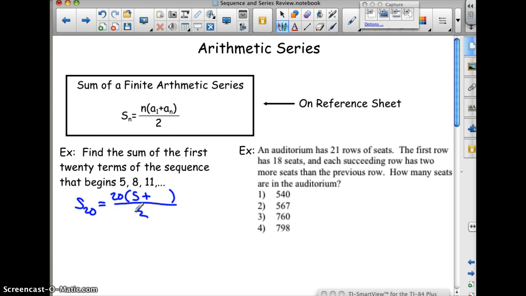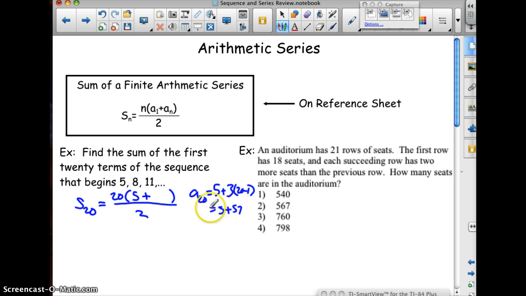Now I'm going to have to do some aside work here to find that 20th term. A sub 20 equals a sub 1, which is 5, plus the common difference, which is 3, times 20 minus 1. So that's 60, 57.